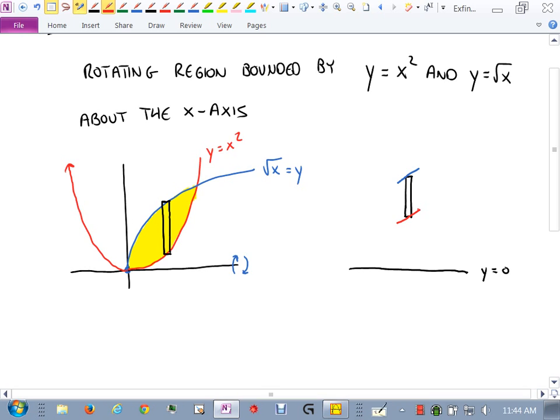So my question is, from the axis of rotation, what's the distance from here to the blue? It's the exact value of that function, right? Square root of x. So this distance right here is the square root of x. What is the distance from here to here? x squared, right?